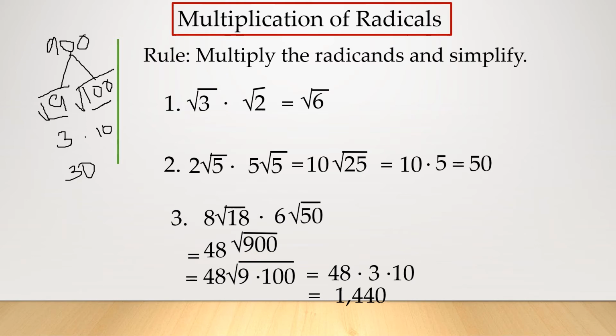Okay, we'll try that. So the first one is 8 square root of 18, and I can now simplify 18 as 9 times 2, right? Now, what is square root of 9? That is 3. So I'm going to multiply that 3 to 8, that is 24. So what is left inside now is square root of 2.